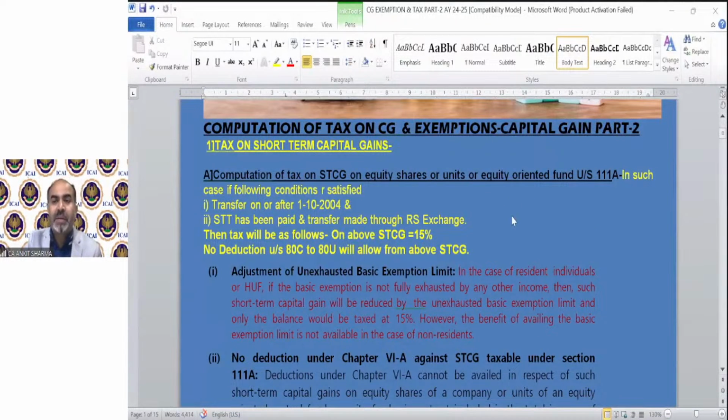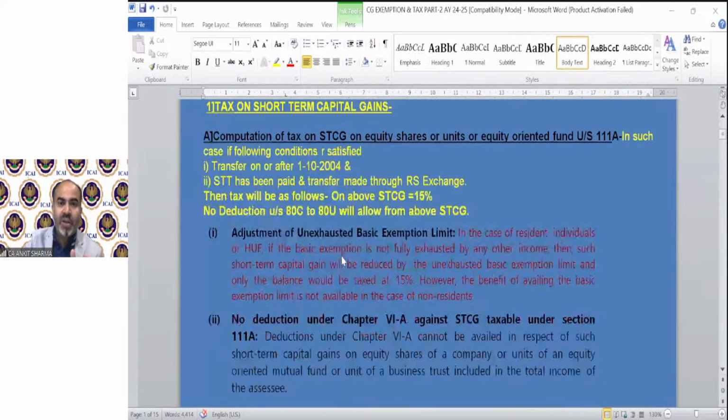So this is section 111A. In such case, if the following condition is fulfilled, STT has been paid, then the 111A gain falls under the 15% tax rate. No reduction under section 80C to 80U will be allowed from the above short-term capital gain. Reduction under section 80C to 80U cannot be claimed out of short-term capital gain under section 111A.